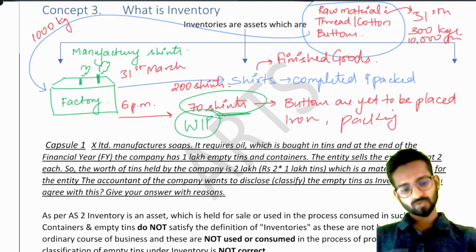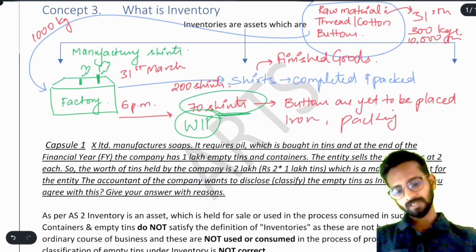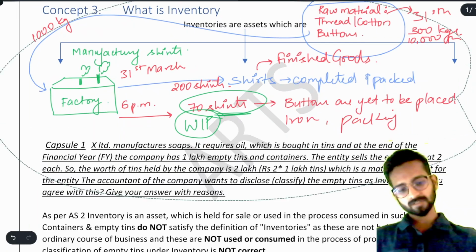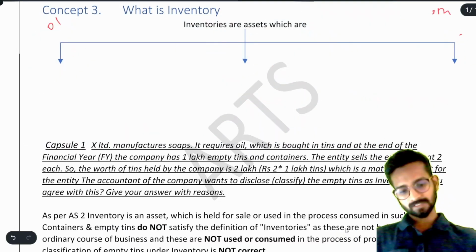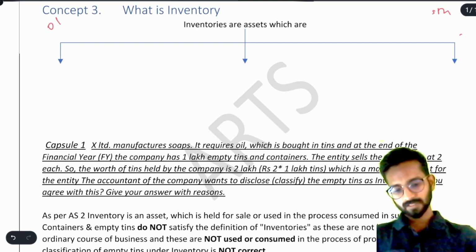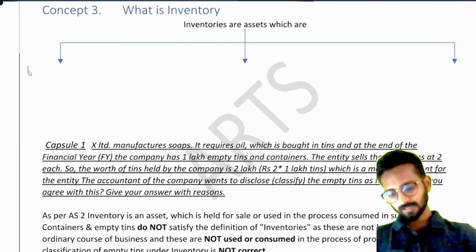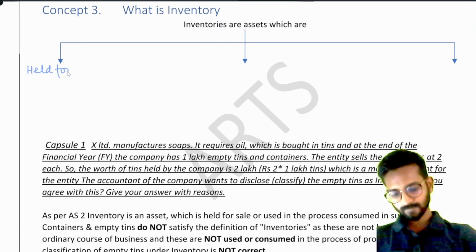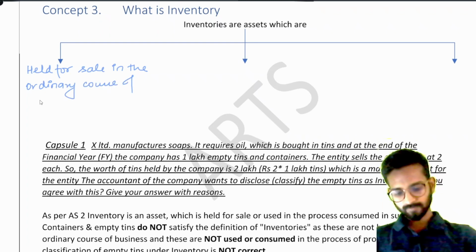So now we will write the definition of inventory, including all this story, whatever we have learned now. Understand? First thing is, inventories are assets which are held for sale in the ordinary course of business.